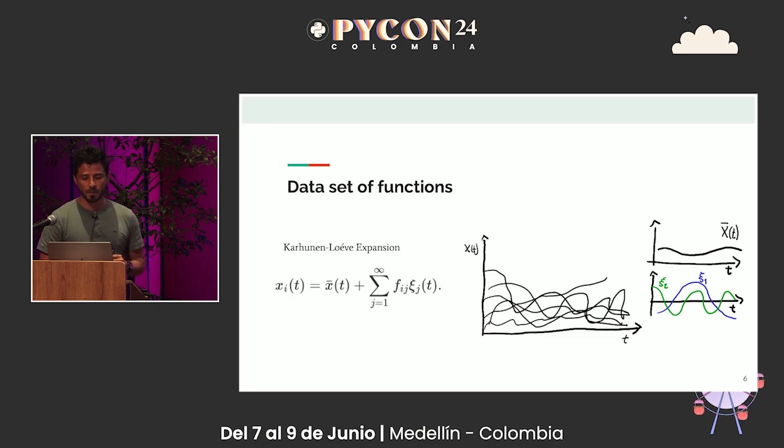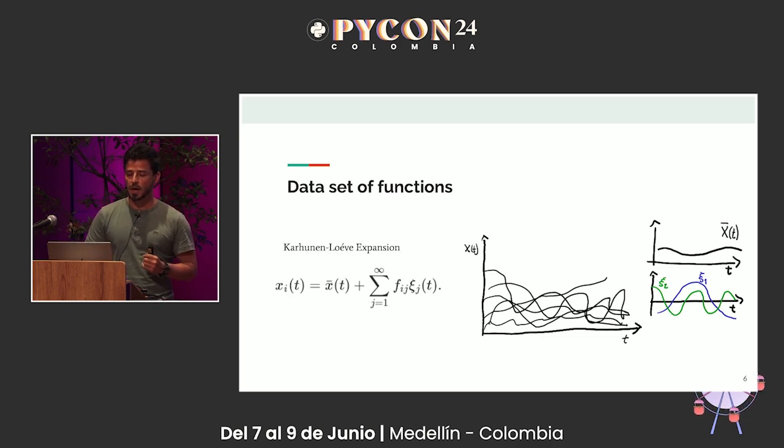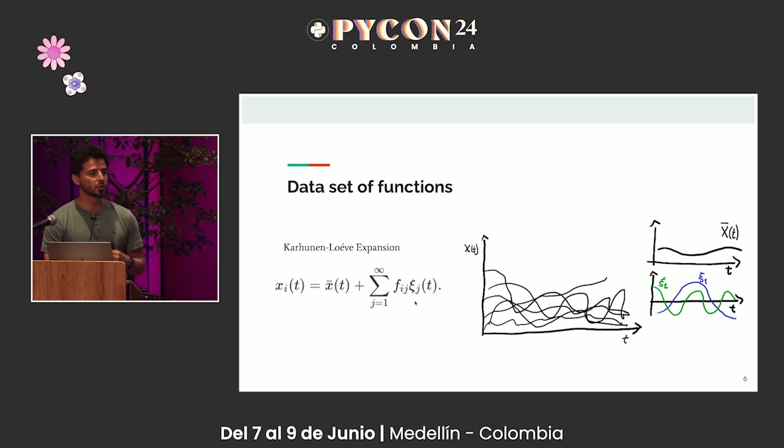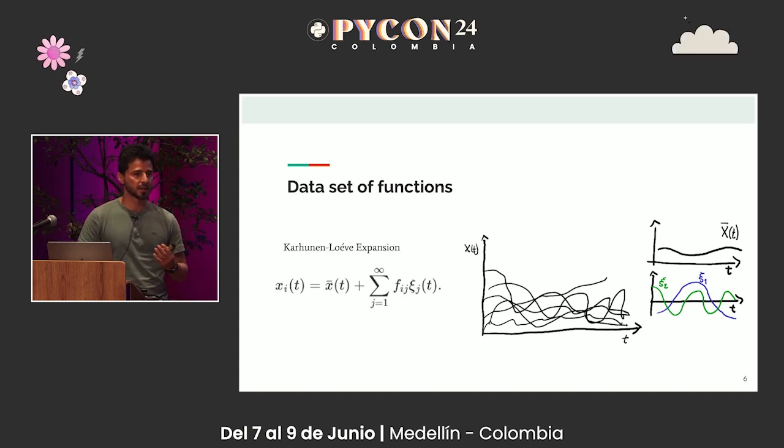Here you can see how we can represent functional data for a one-dimensional domain using the Karhunen-Loève expansion. So in this case, you can have any set of curves. It could be time series or anything that you want in the domain as the variable. And you have to calculate first the average curve of the data set. And when you solve the problem of the principal components, in this case, you don't get any direction as in the classical one.